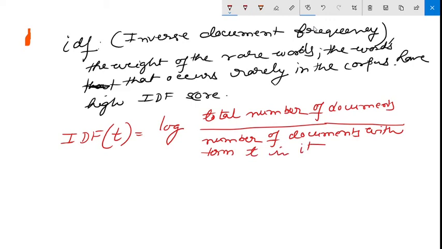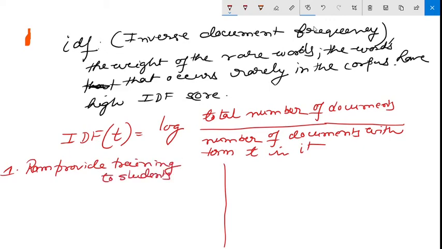Let's take an example on this side. The first document is: RAM provides training to students. This is the first sentence. Second one: RAM is a software developer who works in a company.